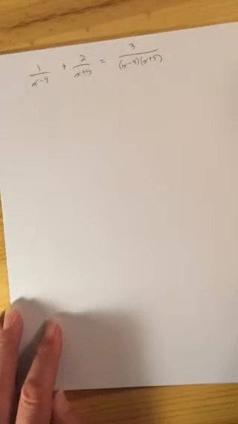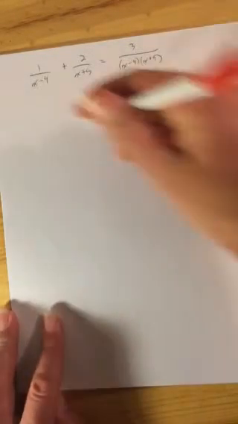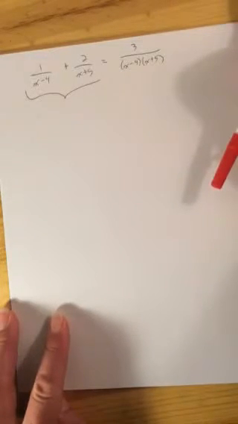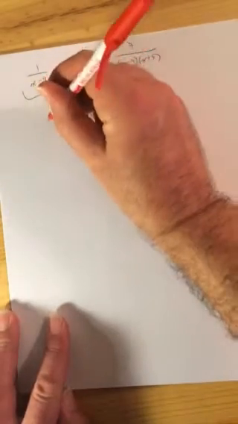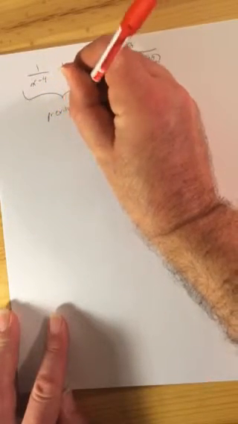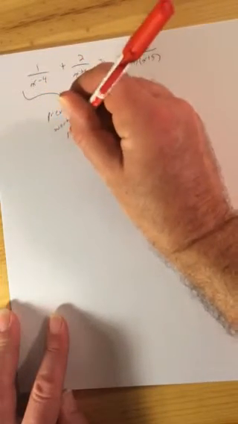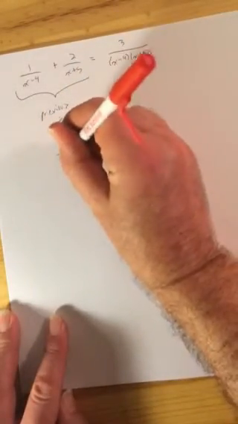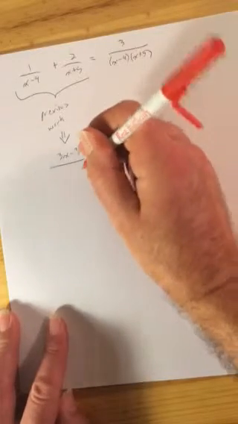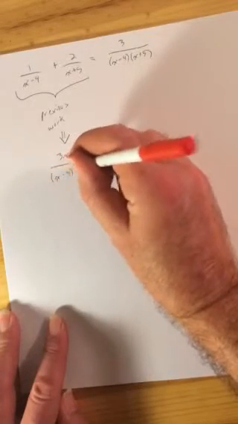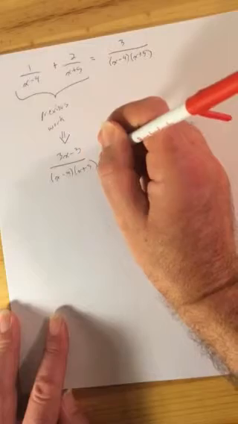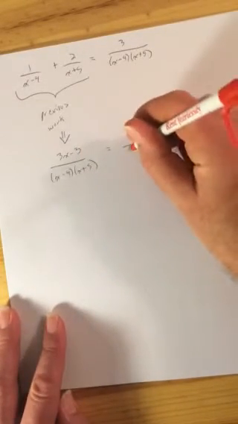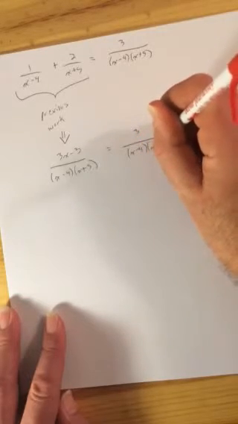Alright, so one way to attack this would be to do exactly what we did before on the left-hand side. We've got two different denominators, so let's get a common denominator and add them up. Now, as it happens, that's exactly what we just did. So our previous work is going to tell us what? We got 3x minus 3 on top, and we had x minus 4 times x plus 5 on the bottom. Alright, so that's what's equal to 3 over x minus 4 times x plus 5.